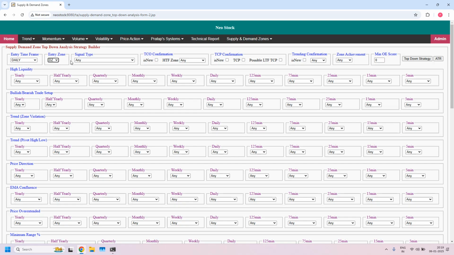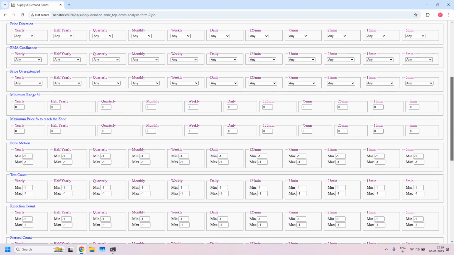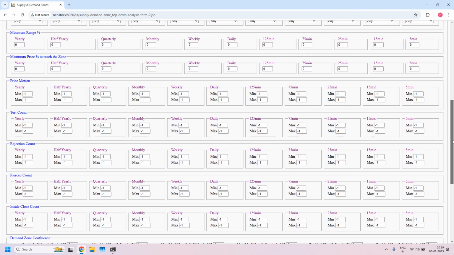Daily time frame, entry zone, okay. But pierced count on daily time frame, minimum value 1, maximum value, let me say 99.